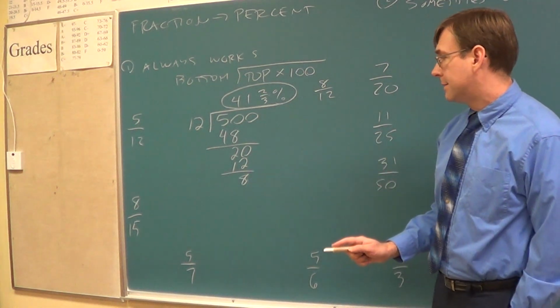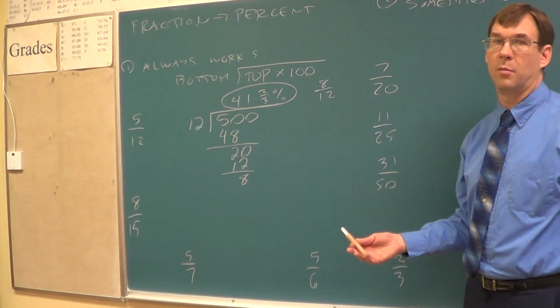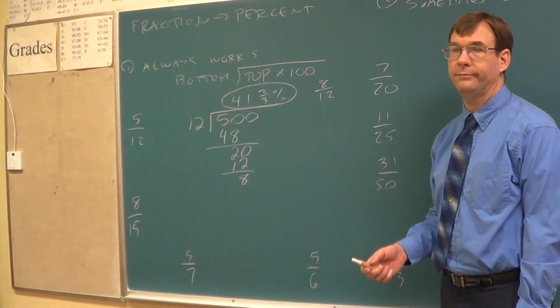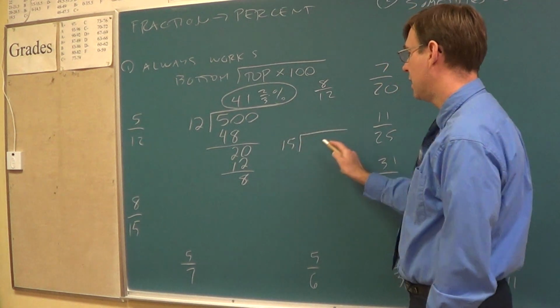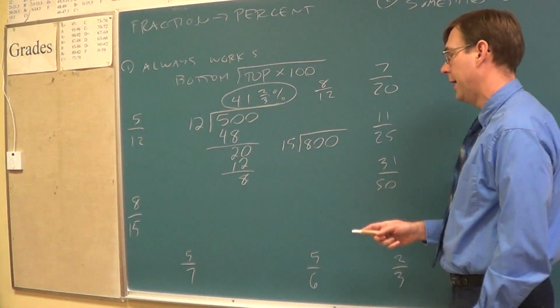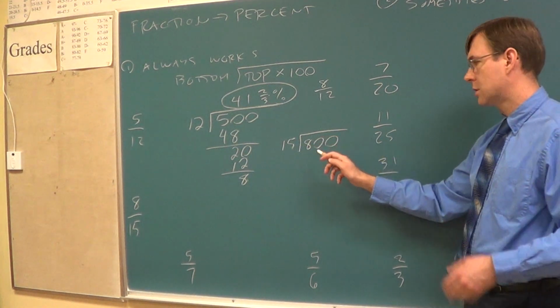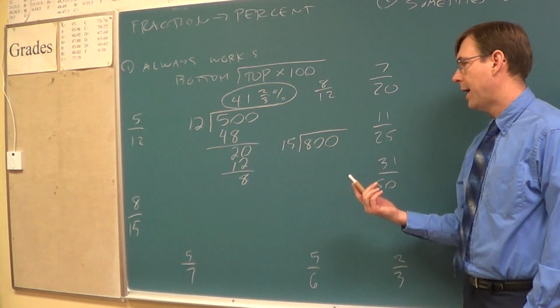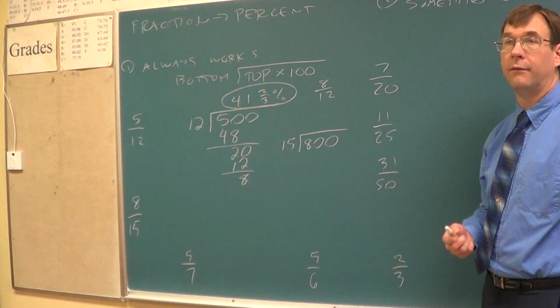So 8/15ths. If you wanted to do 8/15ths, how would you turn 8/15ths into a percentage? 15 goes out, 800 goes in. So count by 15s and get as close as you can to 80. How many 15s can get you close to 80? 5.